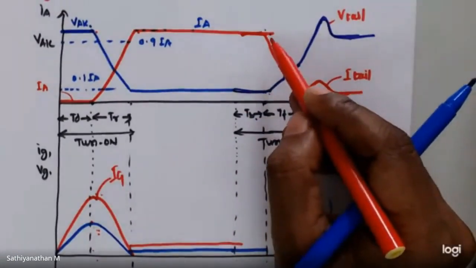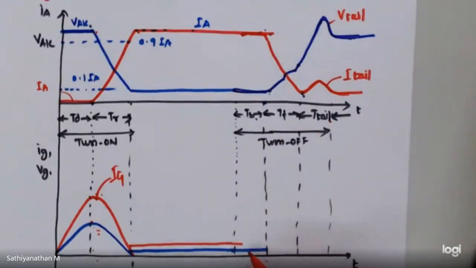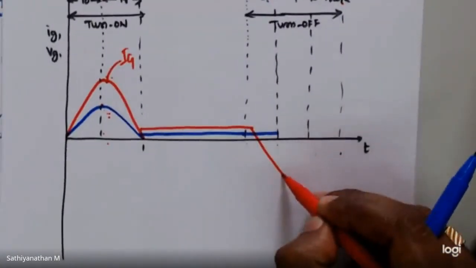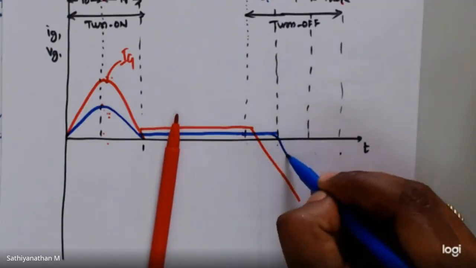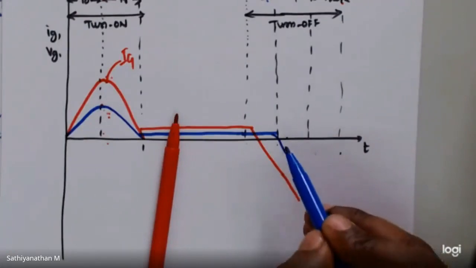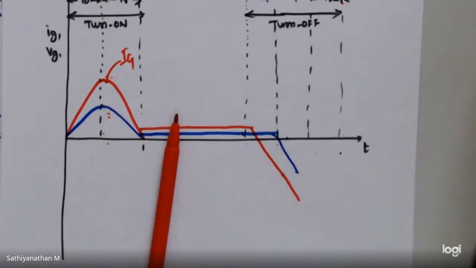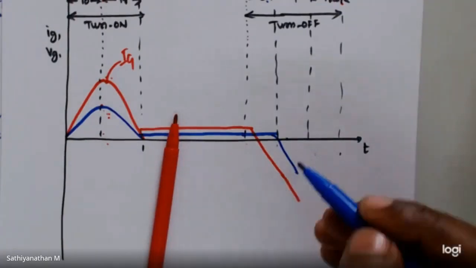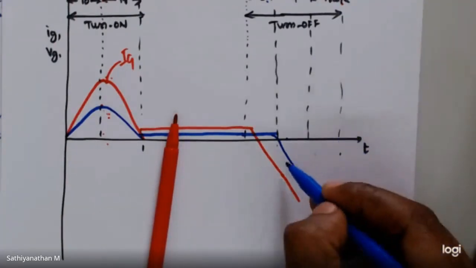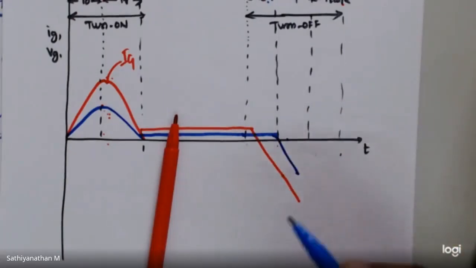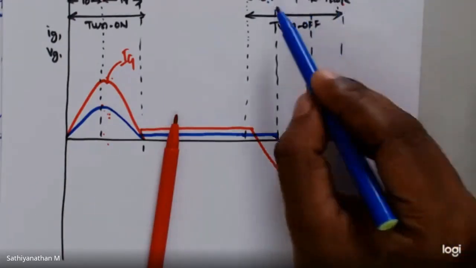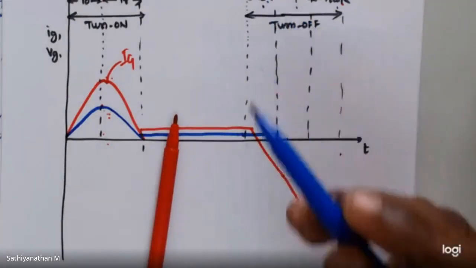If you want to turn off the device, you have to reverse the voltage magnitude as well as the current magnitude. So the current lags by some angle because of this reversal. The time taken by your GTO to overcome this reversal is called tail time, spread over time, and fall time.